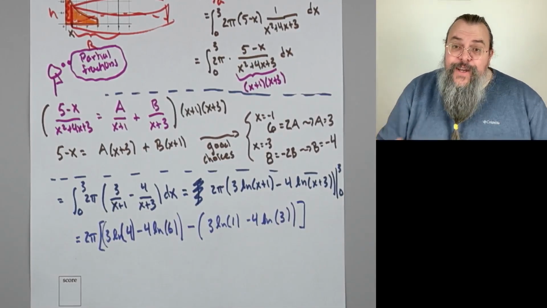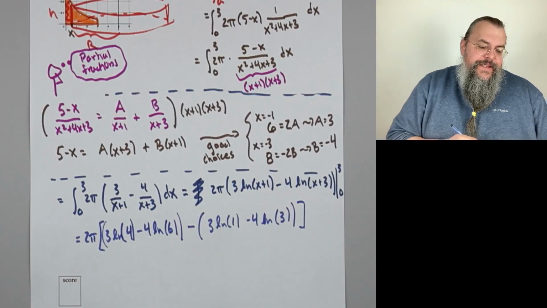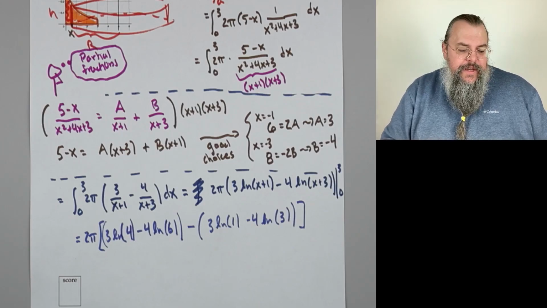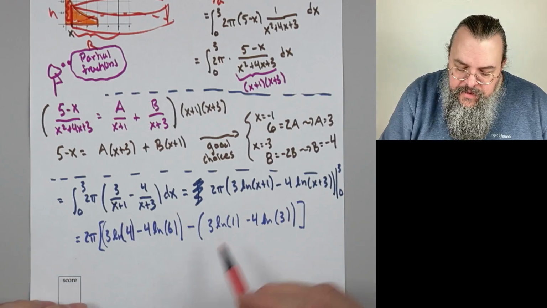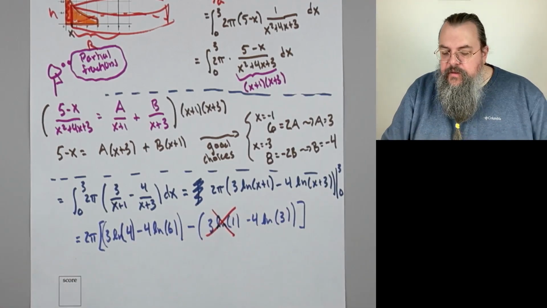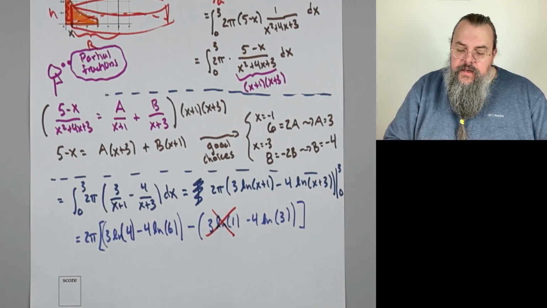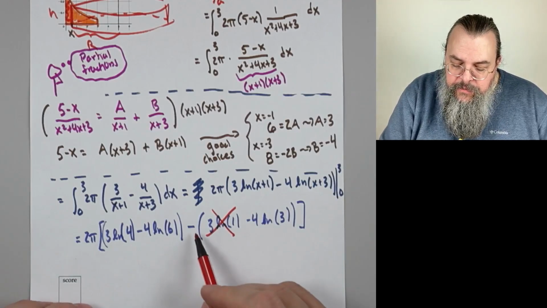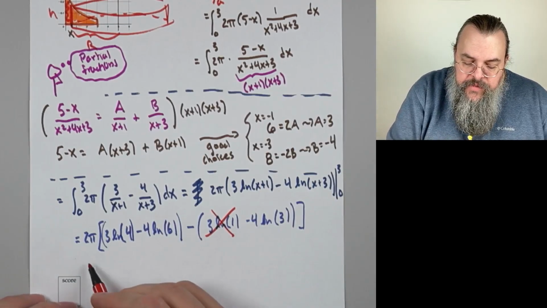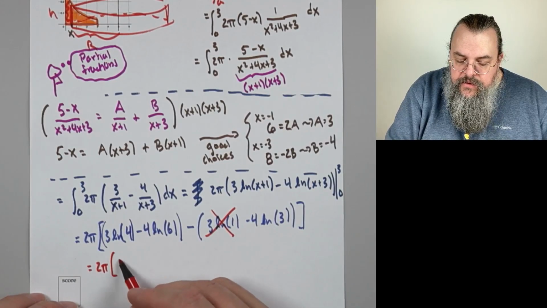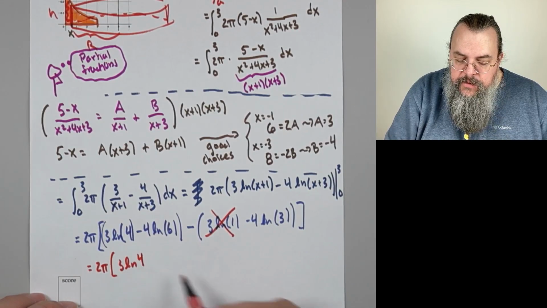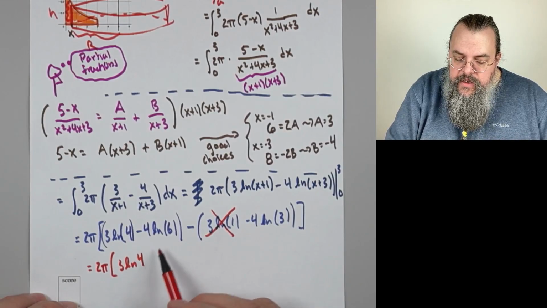Now in some sense we're done, but let's go ahead and clean things up, because it's nice for things to be clean. So, for instance, natural log of 1 is 0, and then we have a minus, which makes a plus, so we can say this is 2 pi of 3 natural log of 4, and then there's a 4 and a 4. We can put those together.